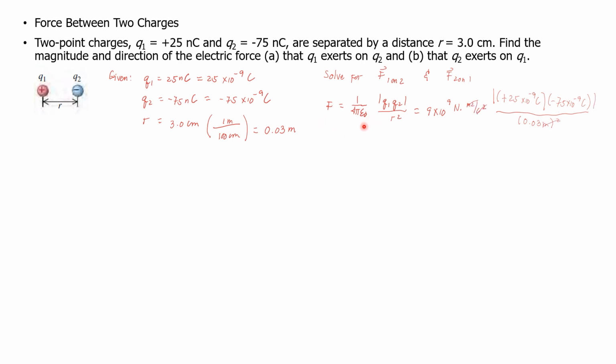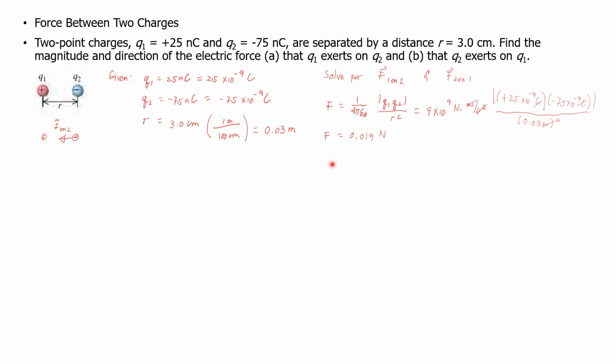So 1 over 4 pi epsilon naught is given by 9 times 10 to the 9 newton meter squared per coulomb squared. Q1 is equivalent to positive 25 times 10 to the negative 9 coulomb, and Q2 is equivalent to negative 75 times 10 to the negative 9 coulomb. And our r is 0.03 meters. So the magnitude of our force is equal to 0.019 newton.